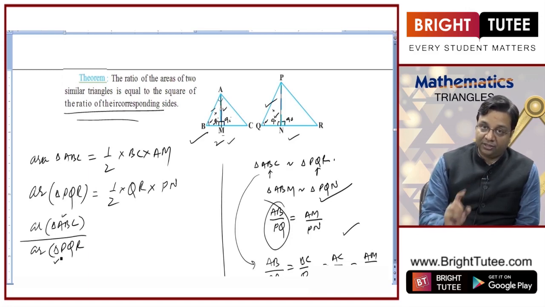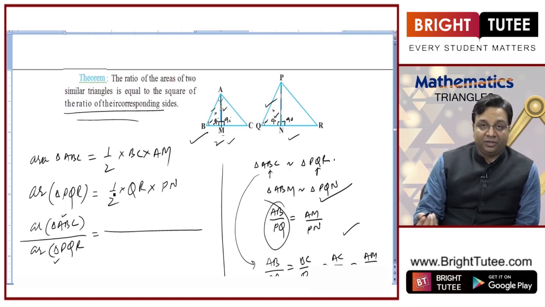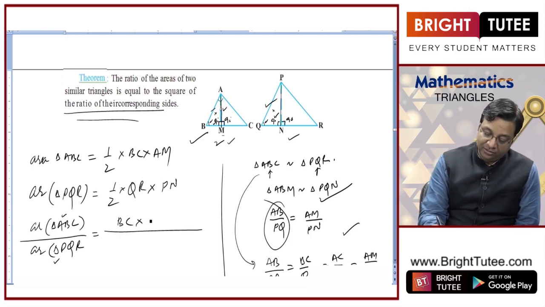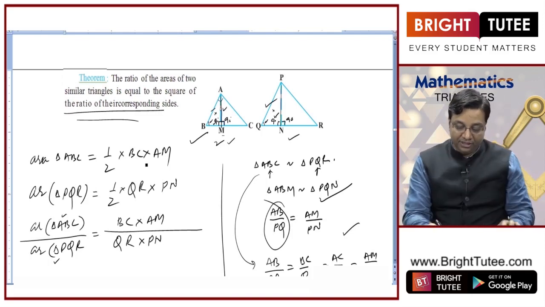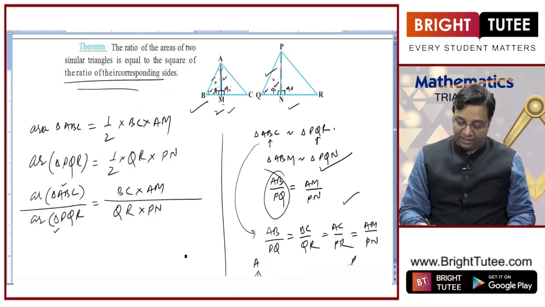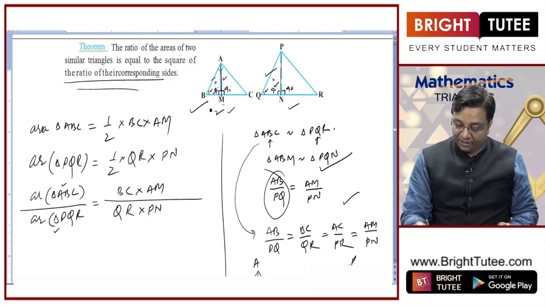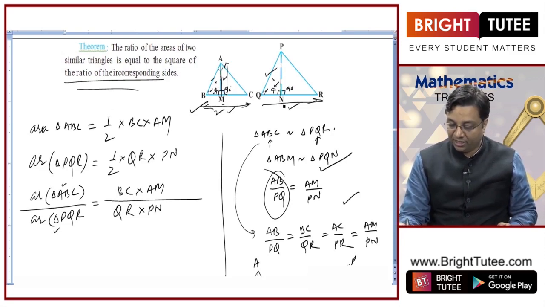These two triangles are similar, so we are starting with similar triangles here. The half will cancel, so we get BC into AM by QR into PN. Look at this, BC into AM by QR into PN.